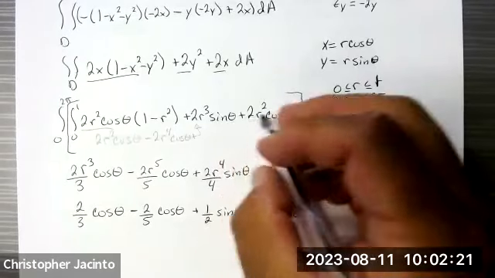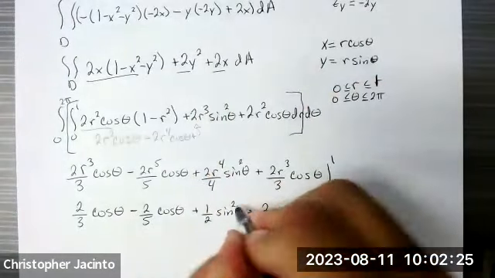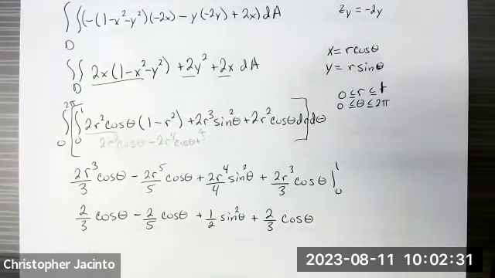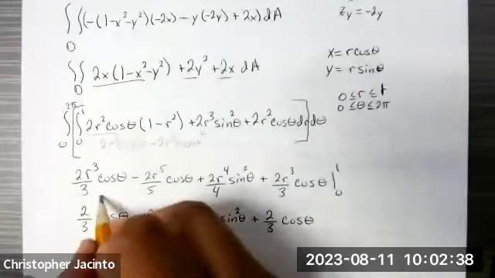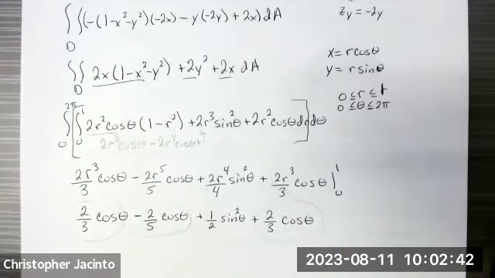Oh, this is a square. This is a square. Yeah, r squared. There we go. That's the only square we have. Okay. So that means I can add this and that together. Can we see that?